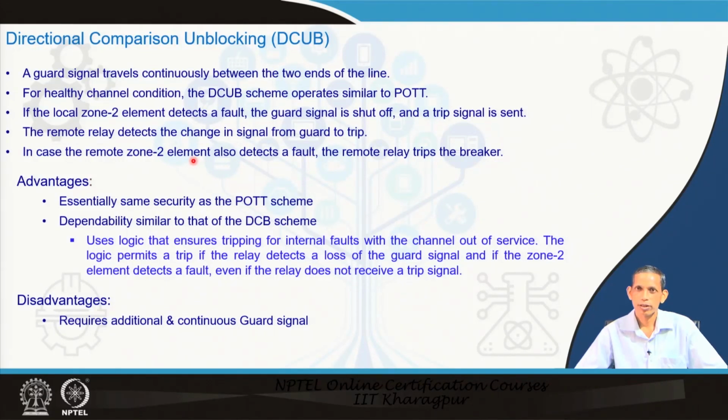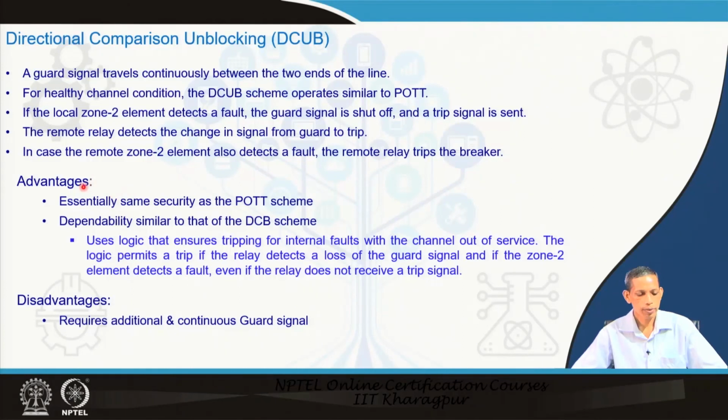So the trip signal, like POTT, is transferred, and thereby for internal faults we can exploit the advantage of faster tripping, which was the disadvantage in the simple DCB scheme.